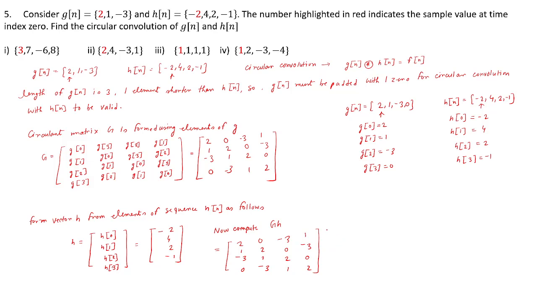And we multiply with minus 2 4 2 minus 1. So let us take the dot product of first row and this column. It becomes minus 4, 0, minus 6, minus 4, minus 6 becomes minus 10, and minus 1, minus 11.